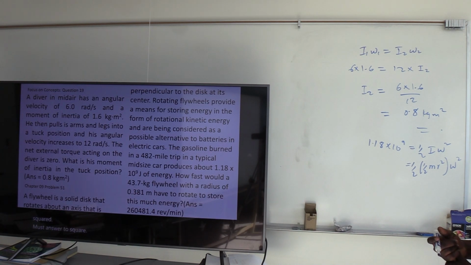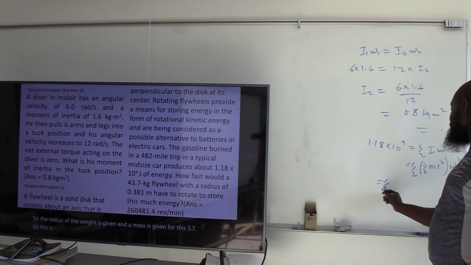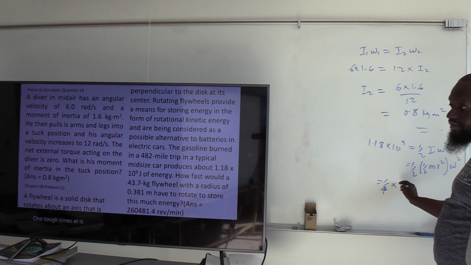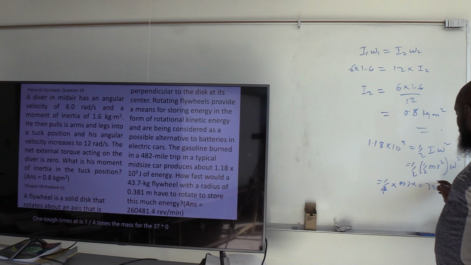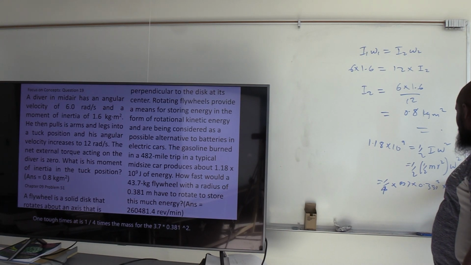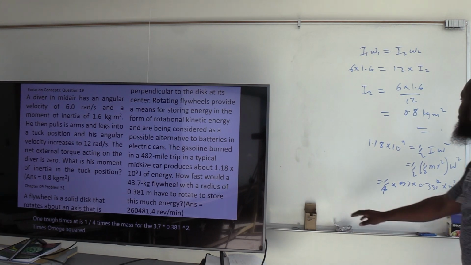So the radius of the wheel is given and the mass is given, 43.7. So this is half times half is 1/4 times the mass, 43.7 times 0.381 squared times omega squared. Okay. So we are looking for omega squared, basically.